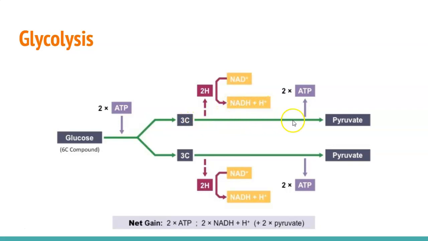And then as it goes through, you end up with 2 ATP per 3 carbon sugar. So your net gain, because remember you started with 2 ATP, so you have to X out one of these gains here, is 2 ATP, 2 NADHs, and your end result is 2 pyruvates that you're going to use to enter the next portion here.